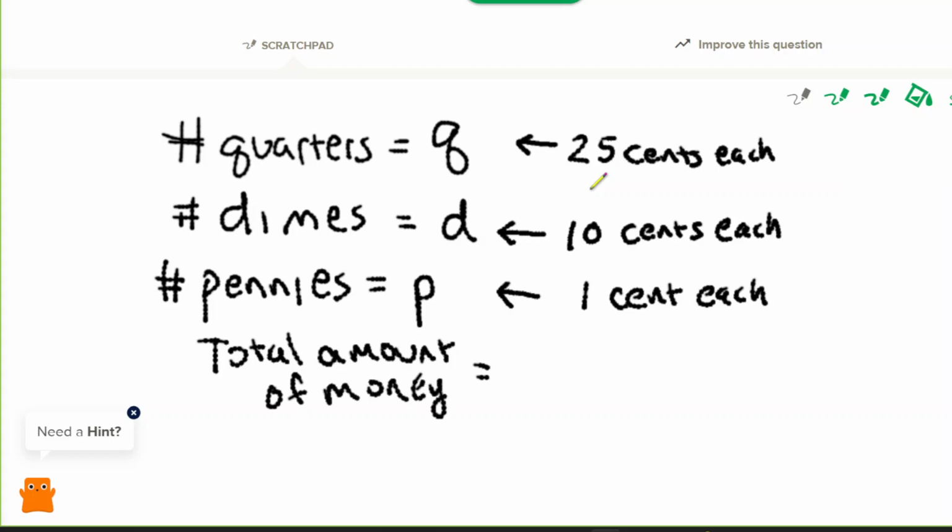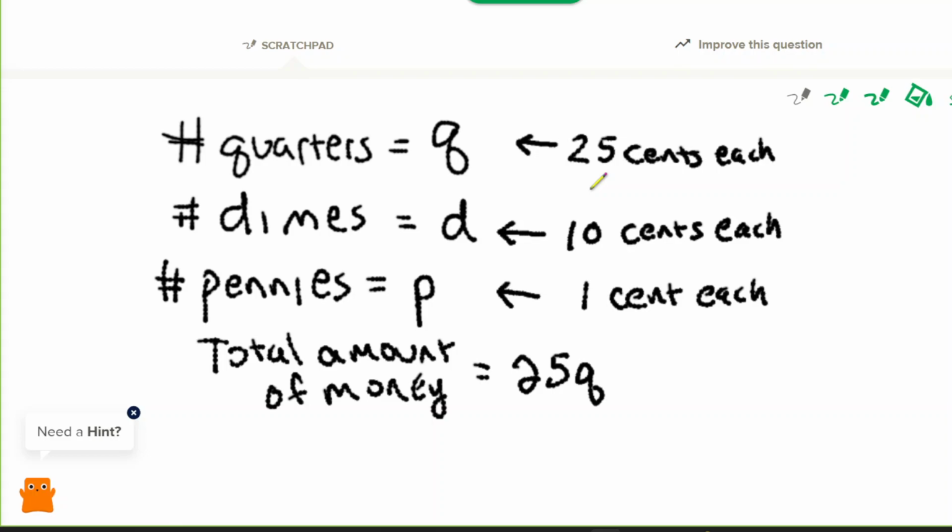You take how much money does she have? How many cents does she have in quarters? Well, if she has 25 cents for every single quarter, and she has Q quarters, then that's 25 times Q. If Q were 1, 25 times 1 is 25.